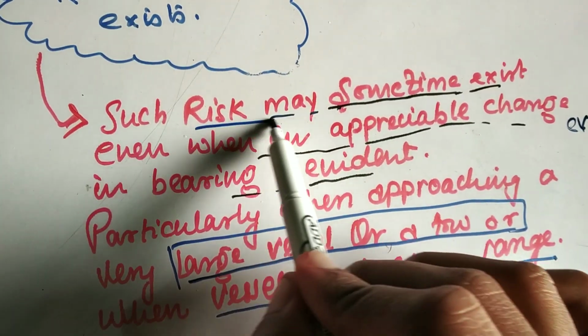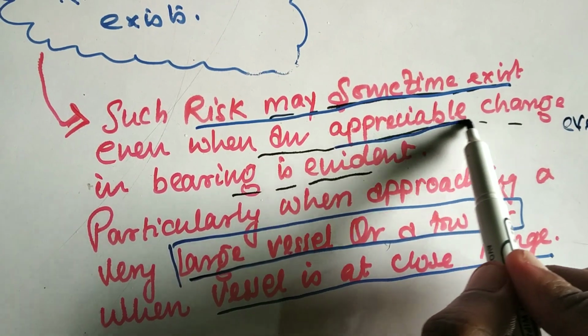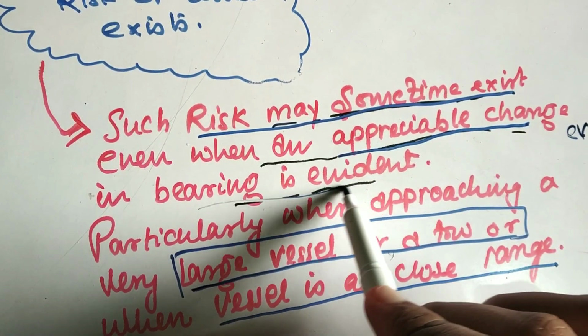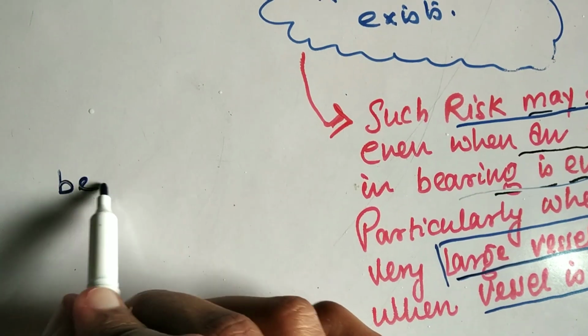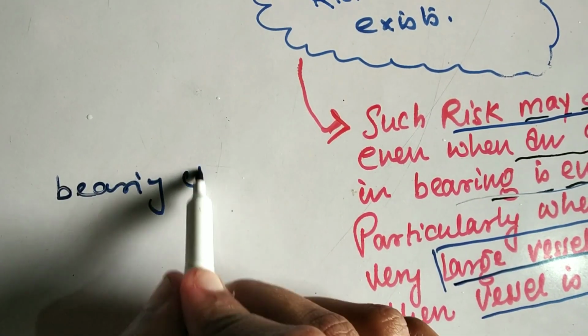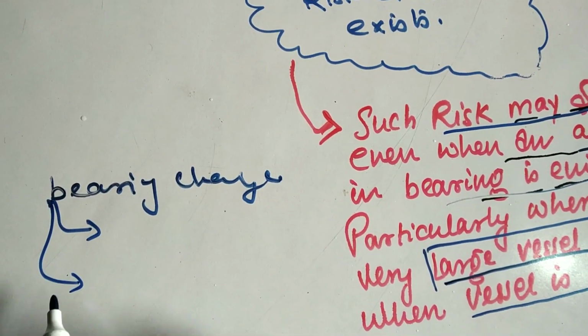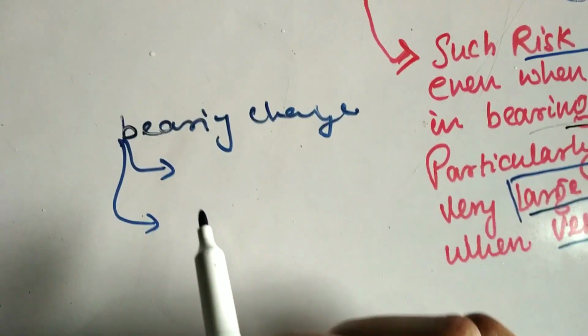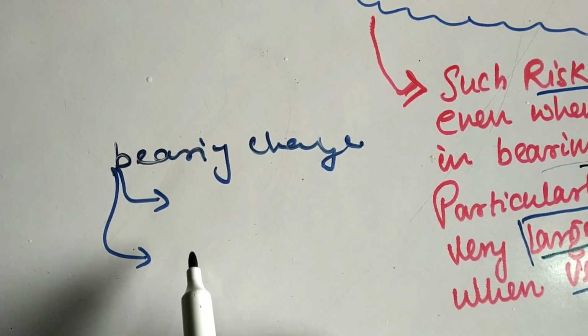Now what is the second part of this rule? Such risk may sometimes exist even when an appreciable change in the bearing is evident. So even if there is a change in bearing, there are two cases in which we should consider that risk of collision may exist. What are these two cases?